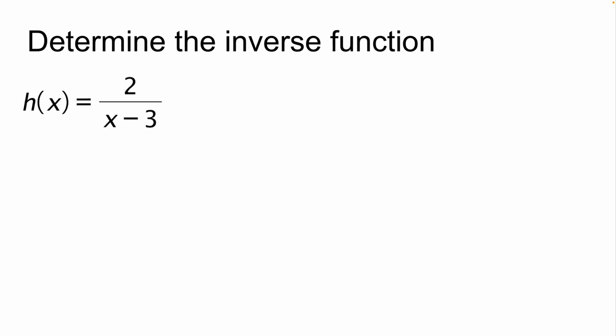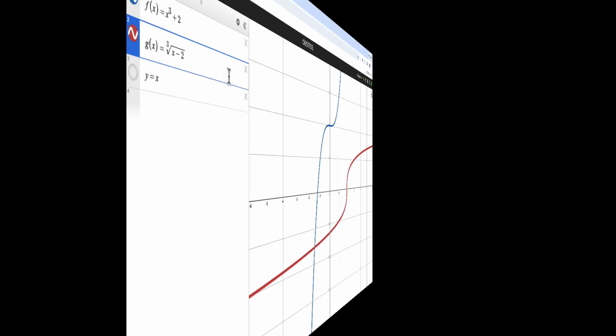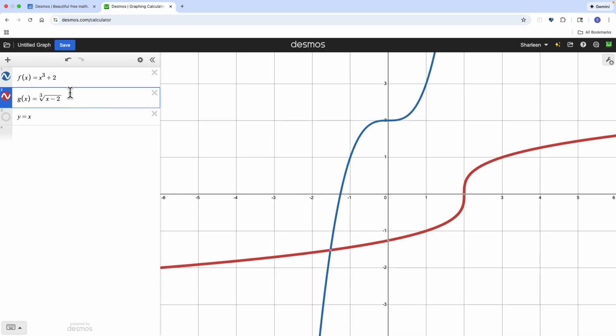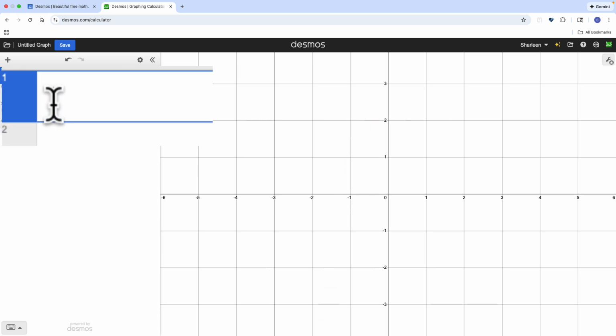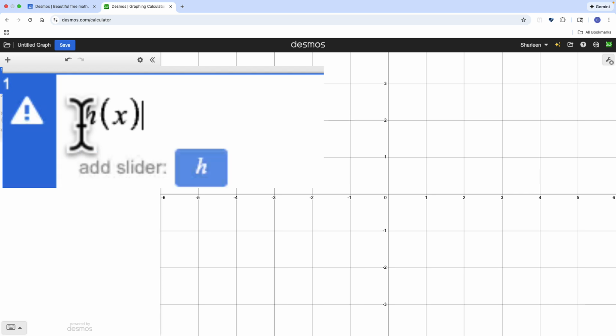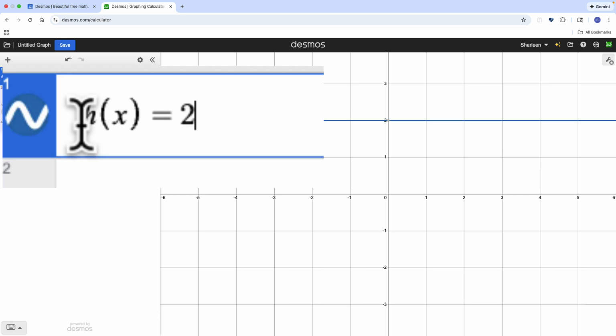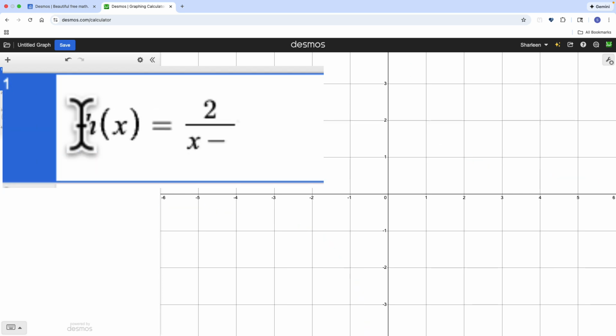Let's go back to Desmos to see if it's 1-to-1. I'm just going to edit the graphs of f and g. So I'm going to delete g of x, and I'll delete f of x and replace that with h of x. h of x equals 2 divided by x minus 3.